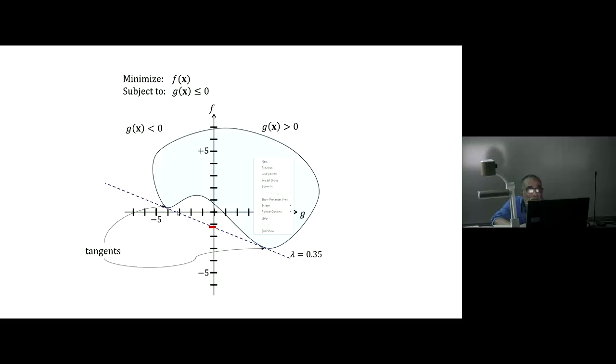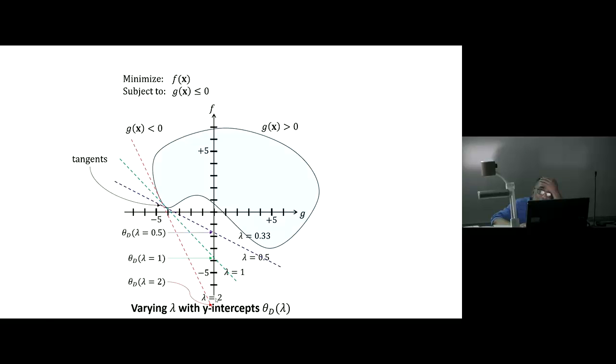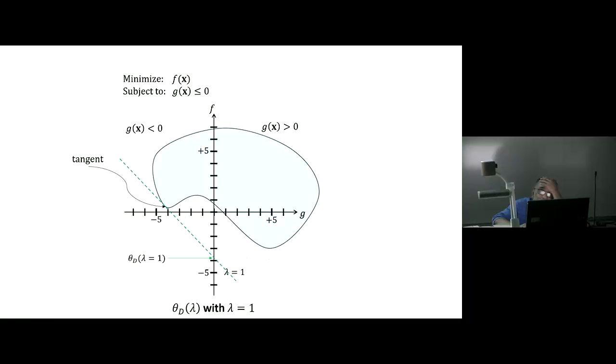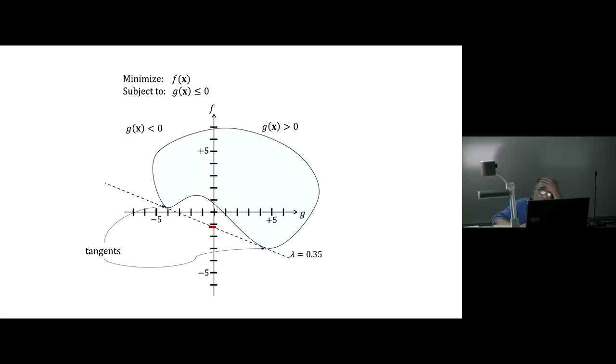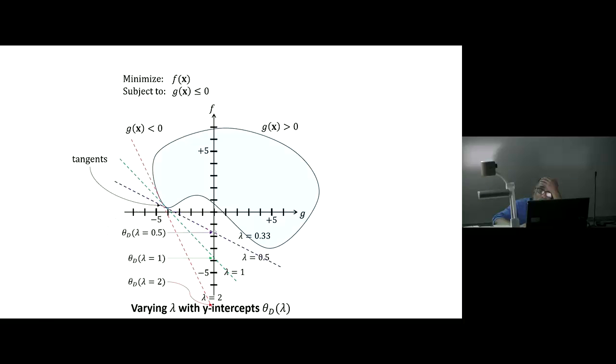So, my claim is that this is theta d star. Lambda was always lower than this theta d star, right? Oh, sorry, this is my theta d star, and here the values of lambda are below that.